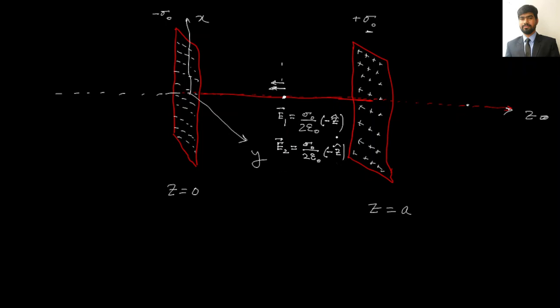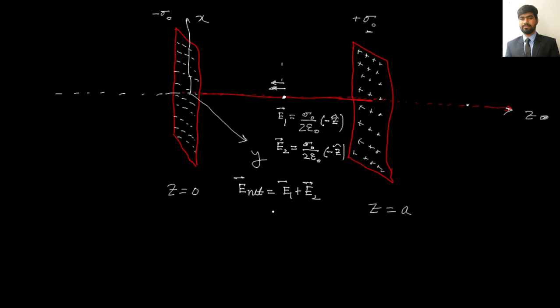Now we have two planes and we have calculated the electric field because of each individual plane, E1 and E2. If we want to calculate the net electric field, according to the superposition principle, we have to take the vector sum of these two electric fields, E1 plus E2.